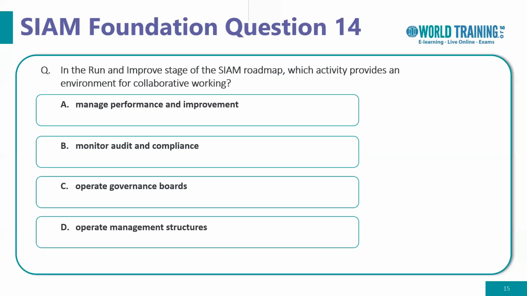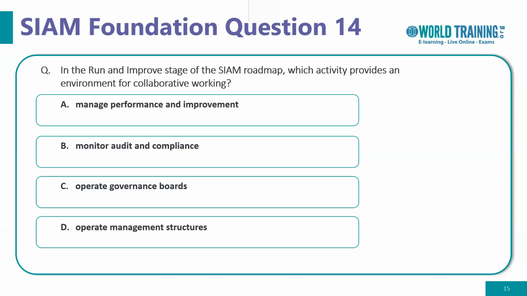But the governance board may not be possible to work in a collaborative environment, because the operate board is more or less about taking actions, looking at the reviews, looking at the risk. So basically it's like decision making, and decision making needs to be looked at objectively. It is not about working with trust.